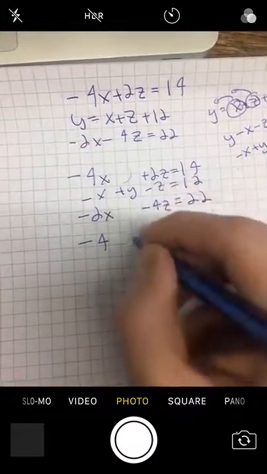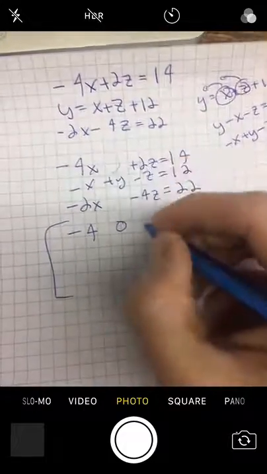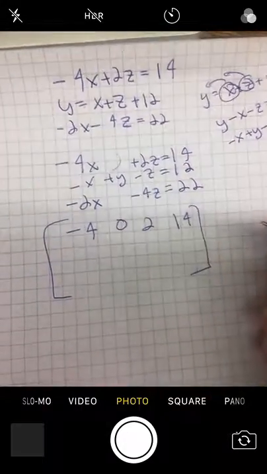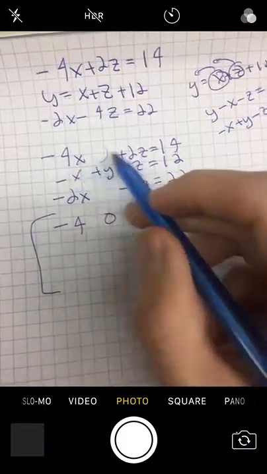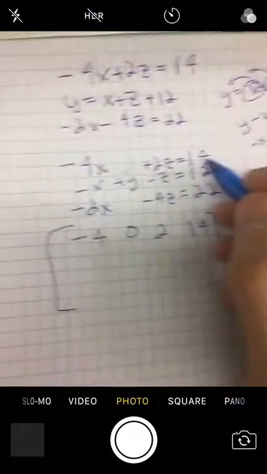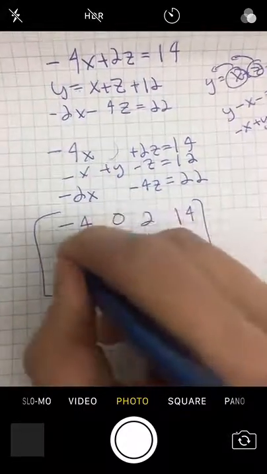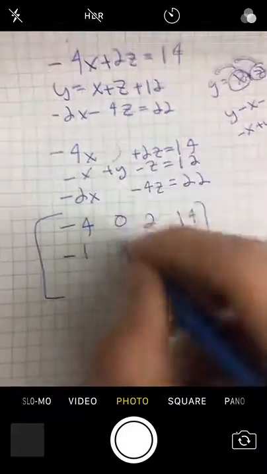Again, there's no y here, 0. There we go. 2, 14. See, so I get rid of the x, the y, the z, and I make sure that I leave also the solution to that line there. Let's see, so negative x here, it becomes a negative 1. Y, it's just a 1.